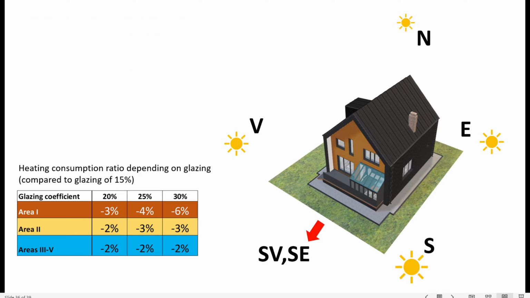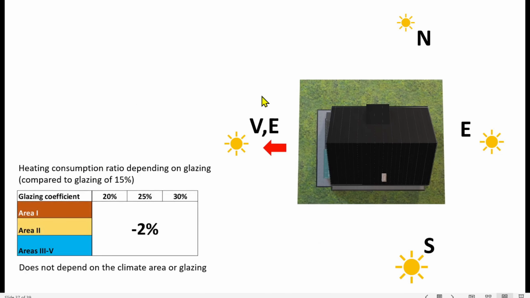Now let's see what this ratio looks like for the southeast and southwest orientations. For west and east orientations, we see that the effect of increasing the area of windows also decreases with the orientation of the house, because the solar intensity decreases toward the north. It no longer depends on the climatic area or glazing.